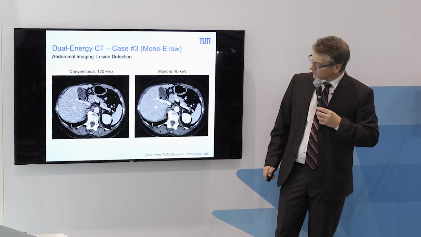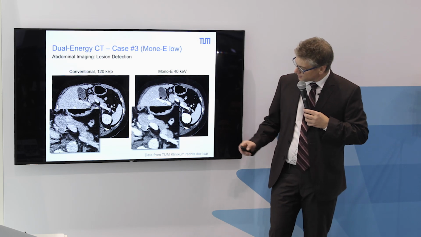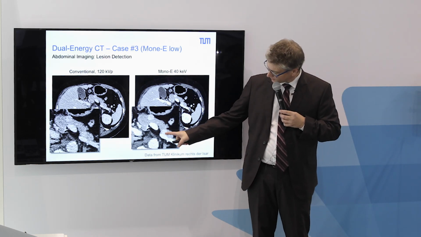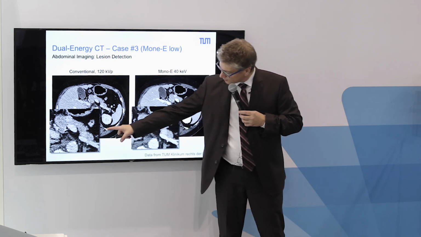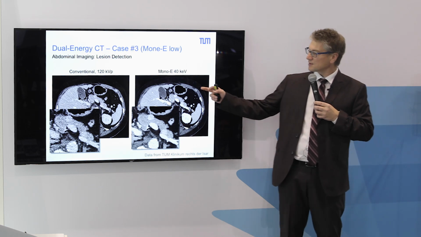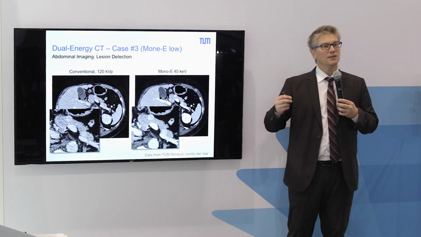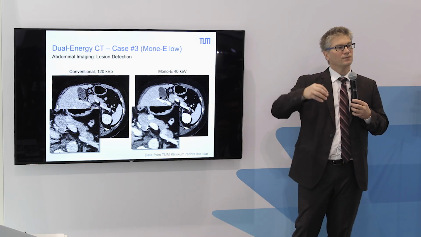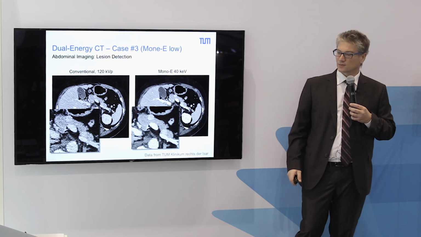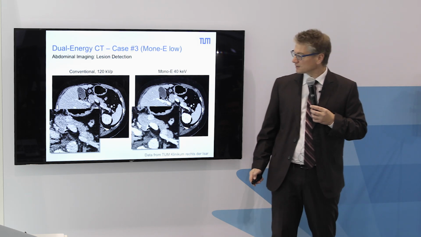But if you look a bit more closely in the mono E40 image, you actually see also down here another lesion that is pretty impossible to see in the normal conventional scan. And this is because the mono E40 artificially boosts the iodine signal through the enhanced photo effect. So this is actually really helpful in this case.